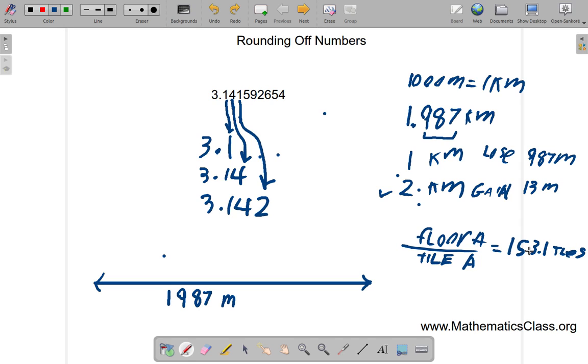The tile area and the floor area may be in square feet or square meters, but if both are in the same units and you divide them, you find you're going to get 153.1 tiles. In reality, you would order more because some of them might break accidentally or you have to cut them.